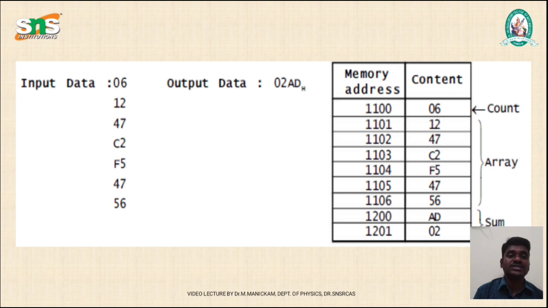We are taking 16-bit values here, so it is stored in 1200 and 1201. Here we got the answer for these input values, that is 02AD. AD is stored in address 1200 and 02 is stored in 1201. So this is the example calculation and output value for the sum of an array.